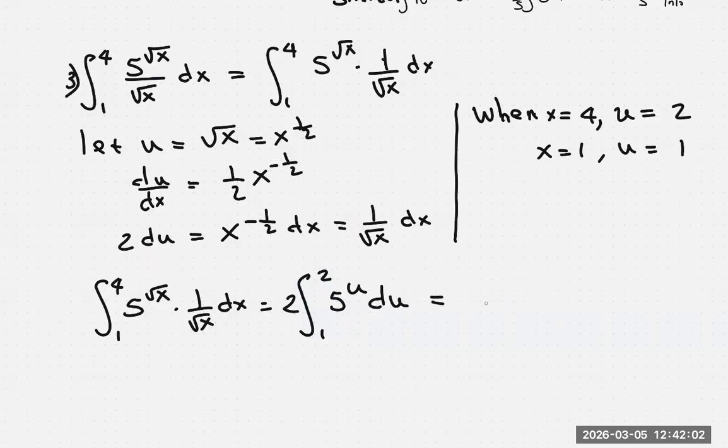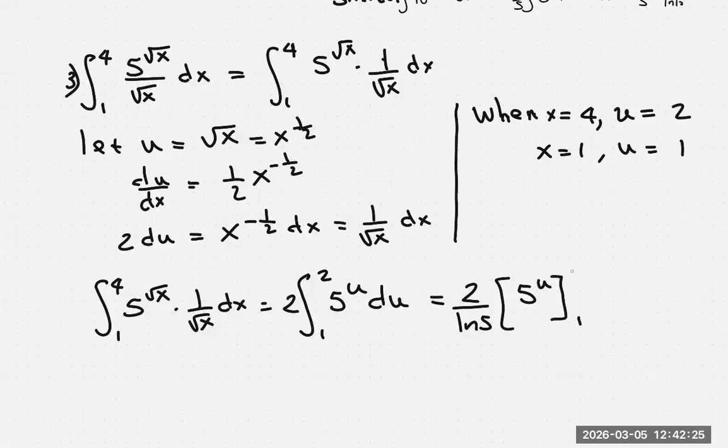So we have 2. When you integrate 5 to the u, what do you get? 5 to the u over ln 5. Correct. So I'm going to put ln 5 outside. If you want to put it inside, it's fine. 5 to the u over ln 5, same thing.